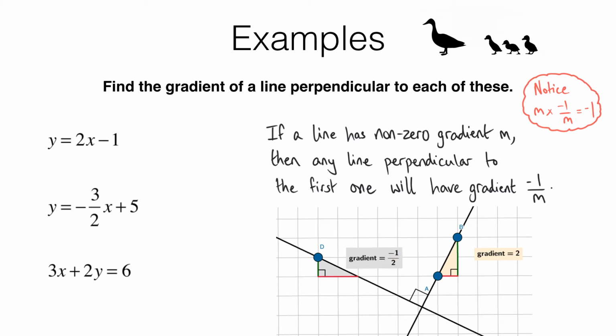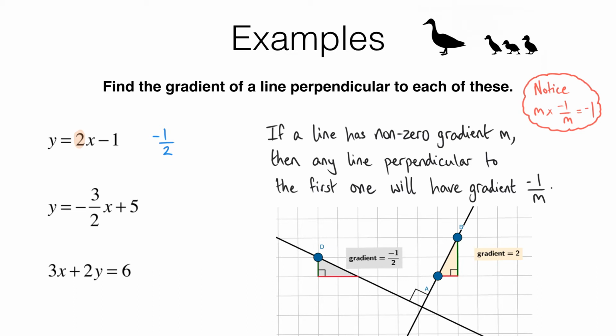So -1/2 times 2, does that give us -1? Yes, it does. So these two lines really are perpendicular. And in fact, we've now got our answer to the first question. The gradient of the line y equals 2x minus 1 is 2. So the gradient of the perpendicular line is going to be -1 over 2, or -1/2.